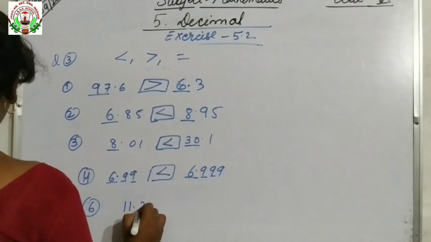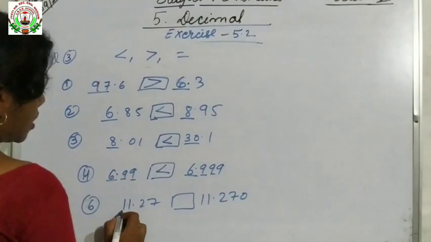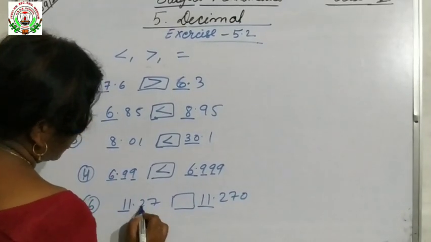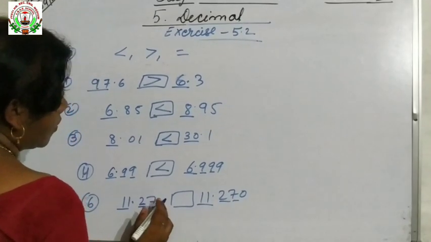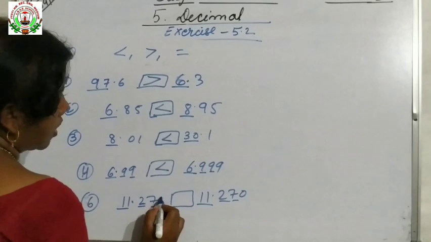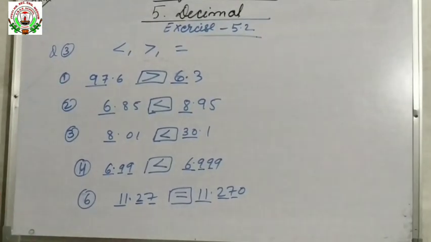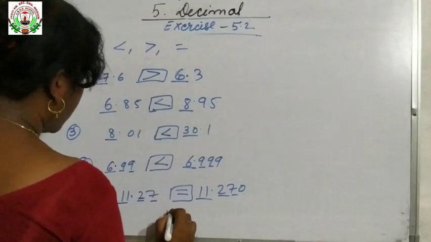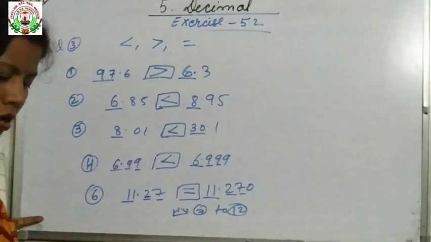That is 11.27 and 11.270. Here the whole part is the same, and the digits after decimal are also the same. Here 0. If we convert into like decimals, we can put 0. 0 is nothing. So we will put the equal sign. Understood? So the rest of the questions, 7 to 12, you will do. Understood?